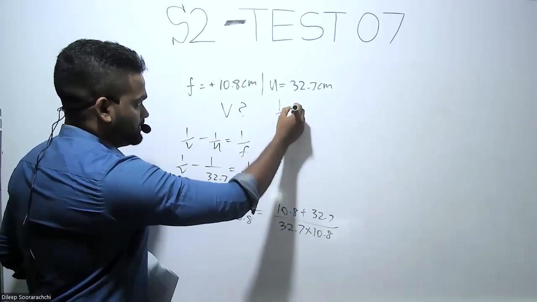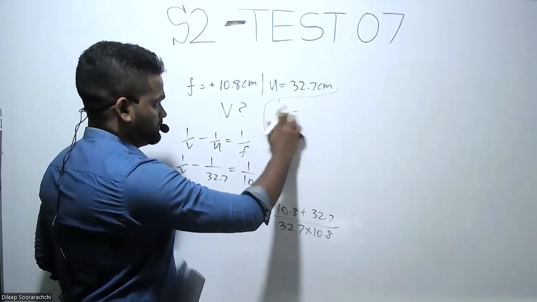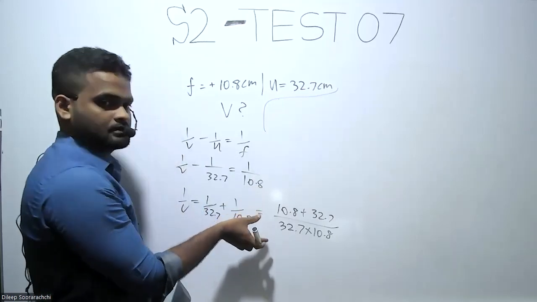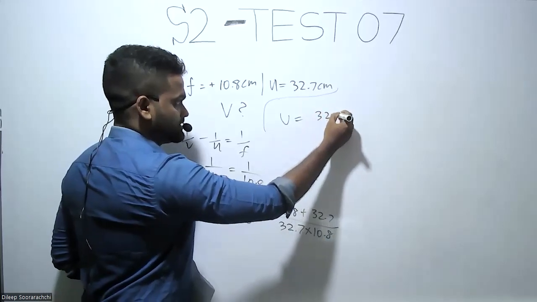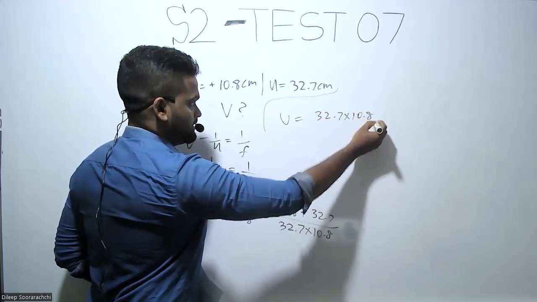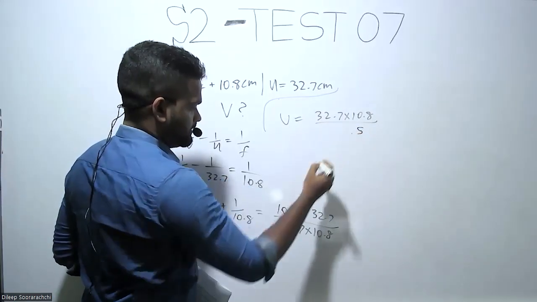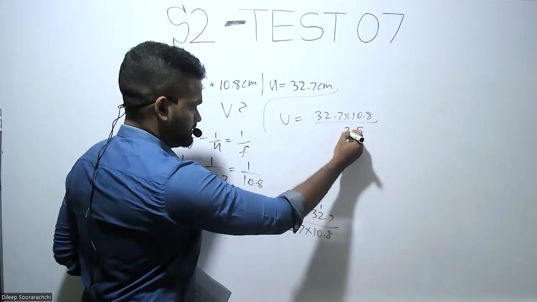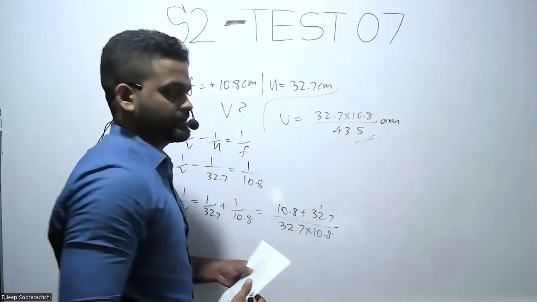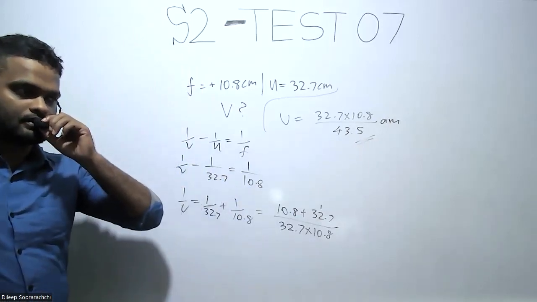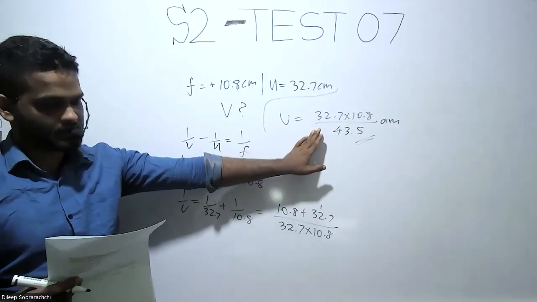So 1 over v is equal to this one. So for v, you just have to flip both sides. So v is equal to 32.7 times 10.8 divided by 43.5. You don't have to simplify that. The answers are given without simplifying. So just check for a matching answer to this.